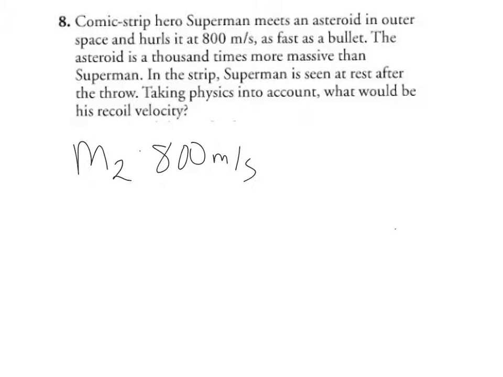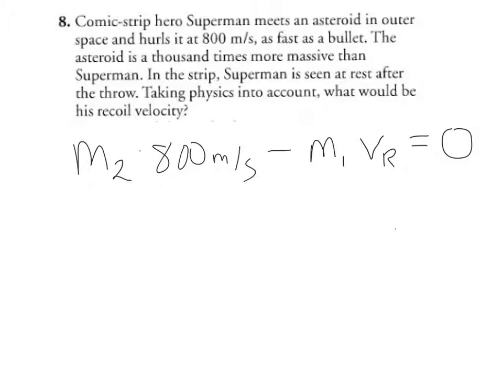So we've got M2V minus M1, which is the mass of Superman, times the recoil velocity, which is the velocity he will take off at, must equal 0 in order for momentum to be conserved.